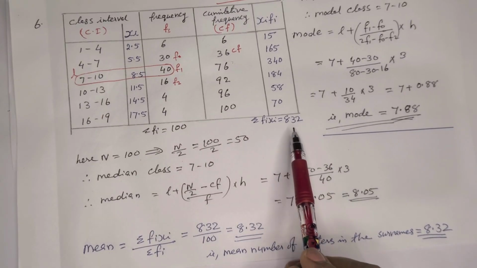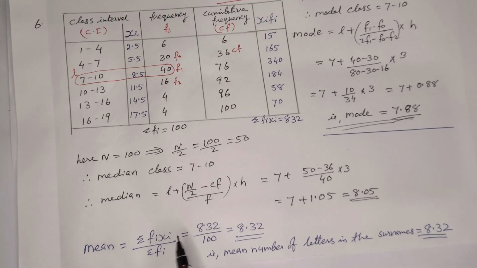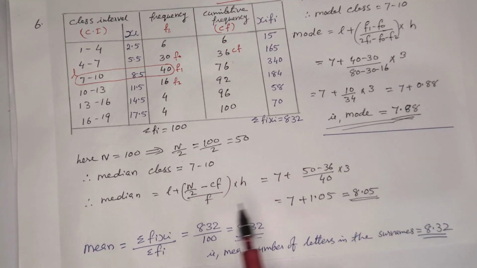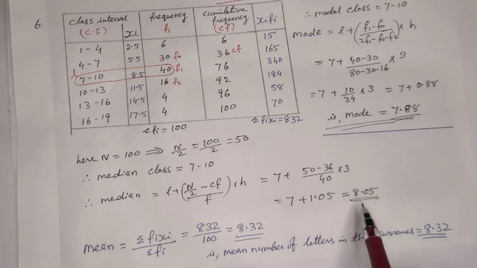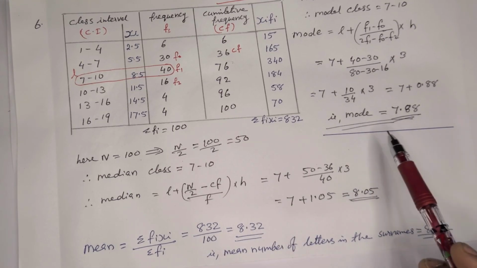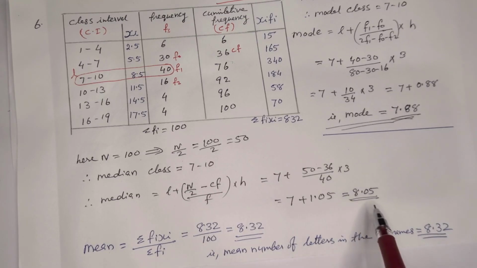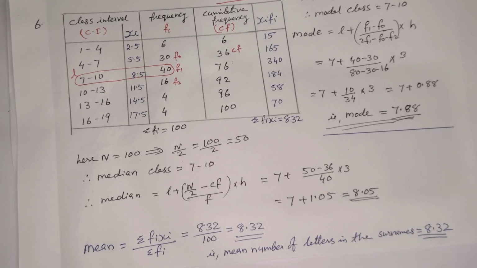That is sigma fi xi, 832. So we know the direct method mean is equal to sigma fi xi by sigma fi. 832 by 100, 8.32. So we got mode as 7.88, median as 8.05, and mean as 8.32. Mean number of letters in the surname is 8.32. Modal number of letters in the surname is 7.88. Median is 8.05.